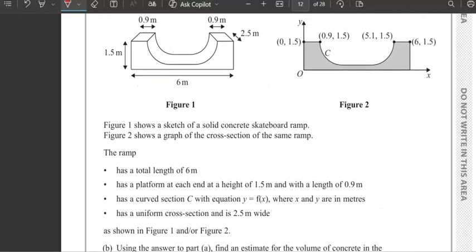Now I want us to consider the second diagram, and in this second diagram we've already been given the area under the curve C. So already this one we have.